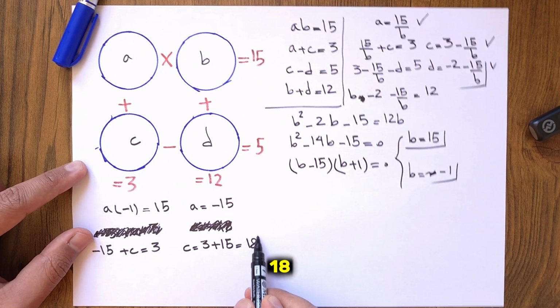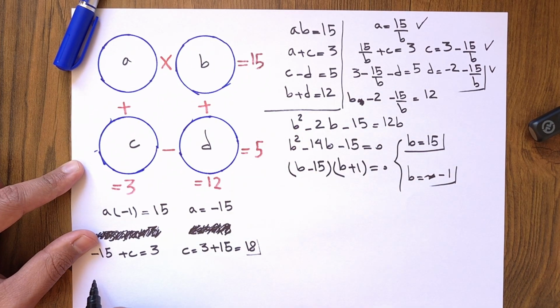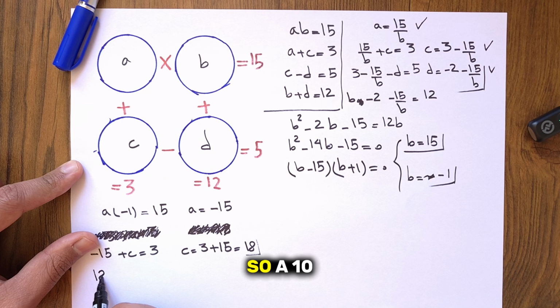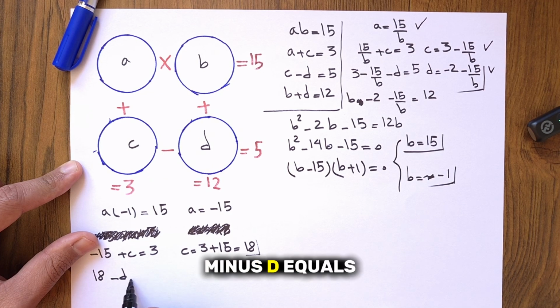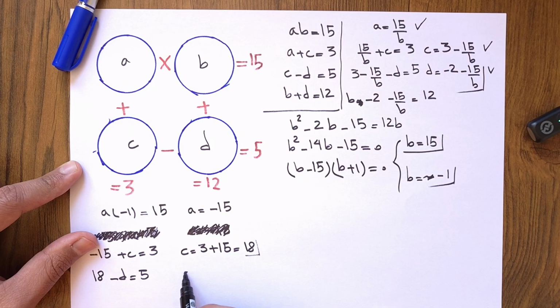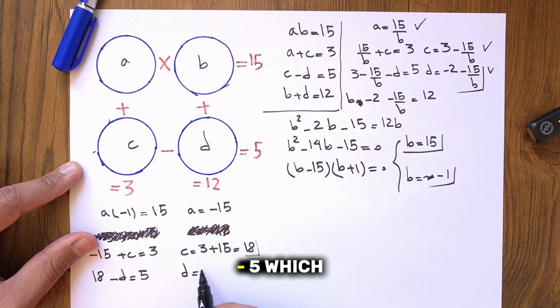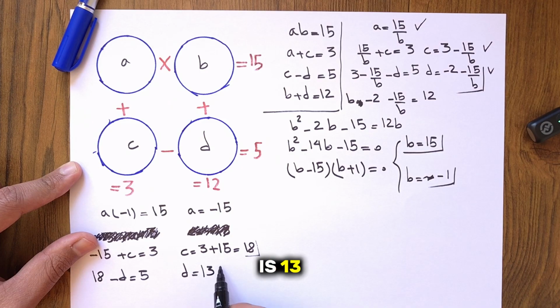So C is 18. Let's substitute in the next relationship. So 18 minus D equals 5. In other words, D equals 18 minus 5, which is 13.